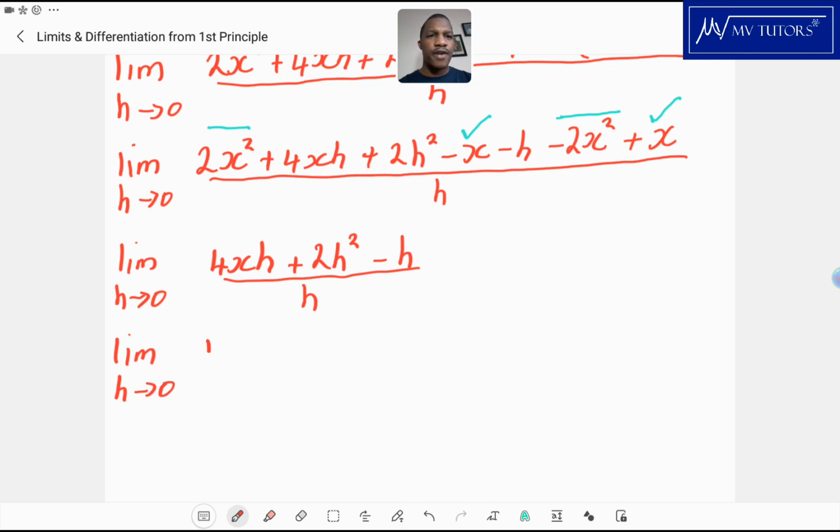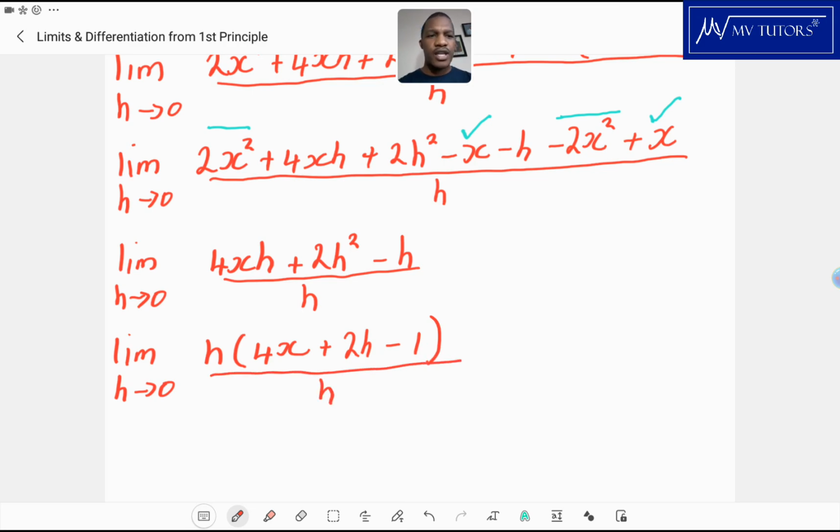Now this one, I can factorize: I take h out and I'm left with 4x here, 2 and 1h here, and here is just a minus 1. We just factorize the top one.